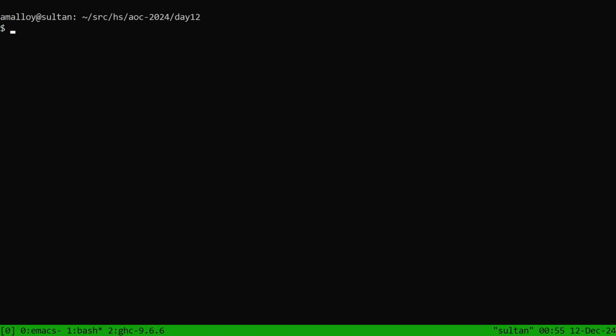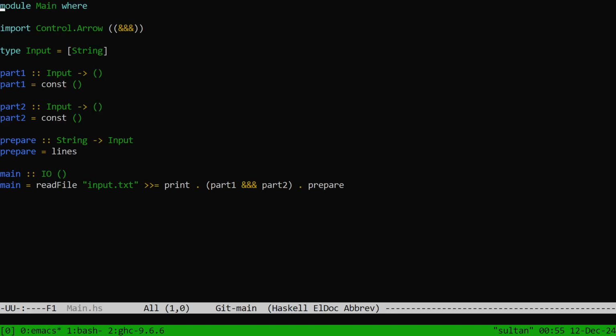Do I need any libraries for this? Do I need a map? No. I need a set, though. I was talking about sets. I'll probably want inRange from Data.Ix.